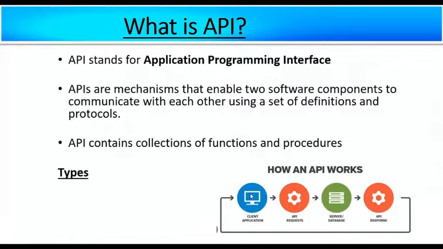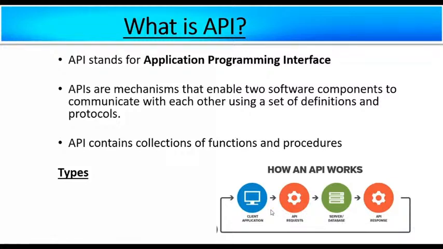Firstly, if you look at this diagram, we have the client application, that is nothing but our computer. From our computer, we can prepare the API request. After preparing the API request, we can send it to the server side.